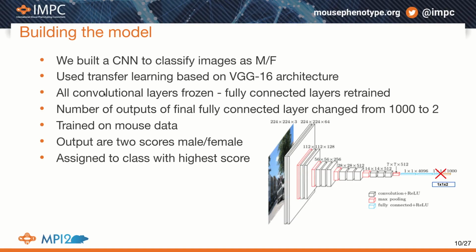So for our particular case, we built a CNN to classify images as males or females, and we used transfer learning, whereby an image CNN that has been trained on a different data set, usually a larger general data set, is applied in another case.